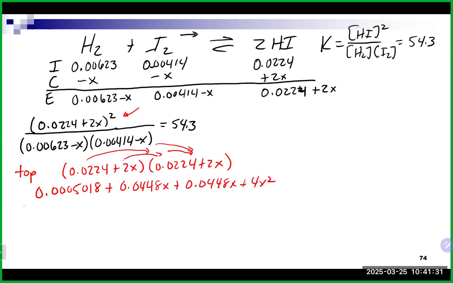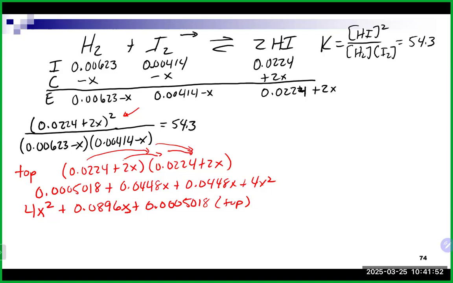Combining everybody together, that gives us for the top 4x squared plus 0.0896x plus 0.0005018. So again, this is our top guy, foiled out, if you will.